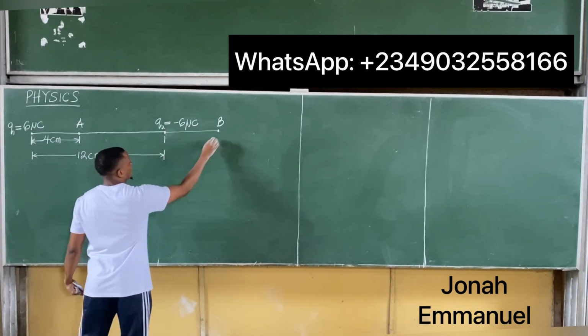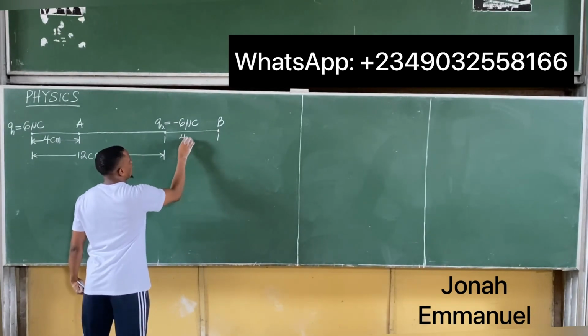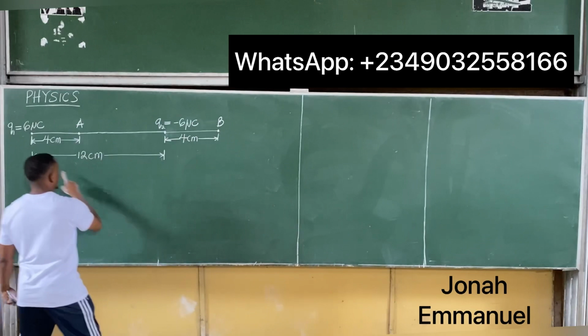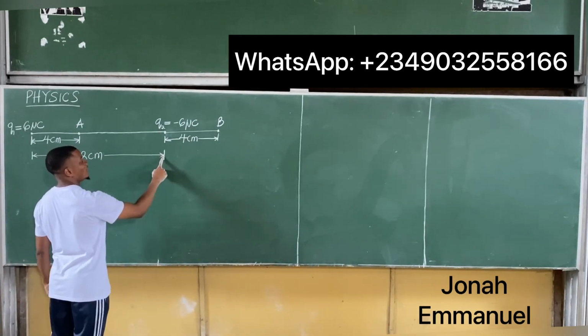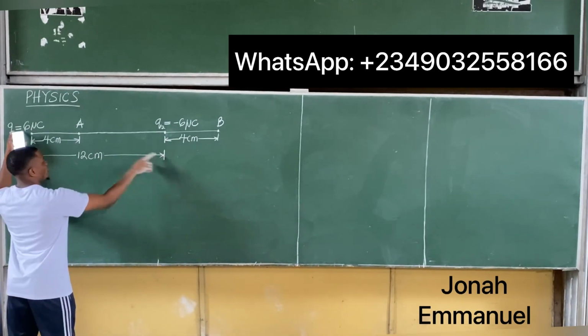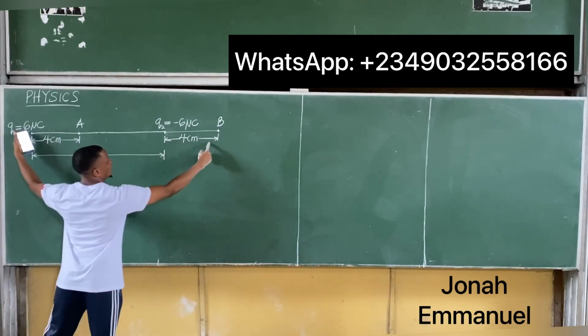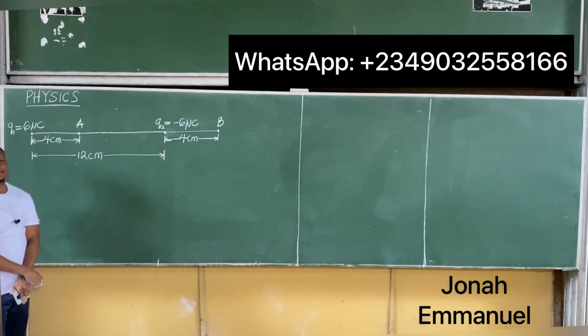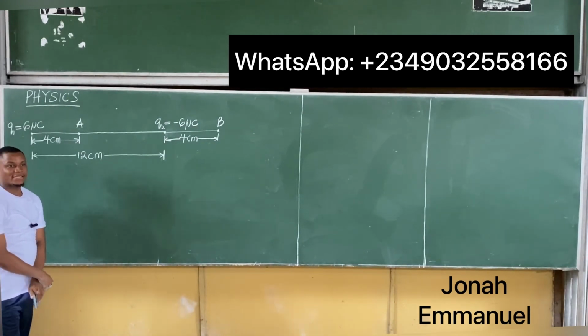It has to be 4 cm, because I know that from here to here is 12. Since it's 16, it becomes 12 plus 4. That's 16 from Q1. So I have this as my diagram.